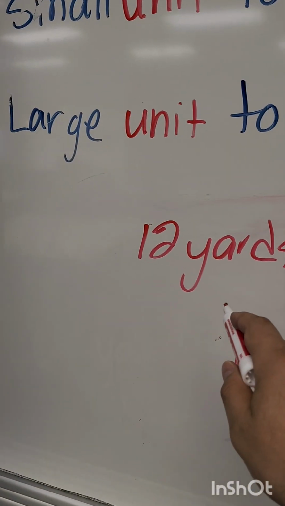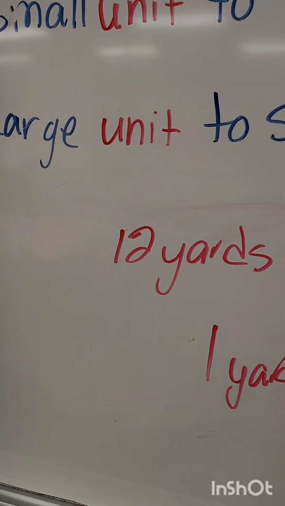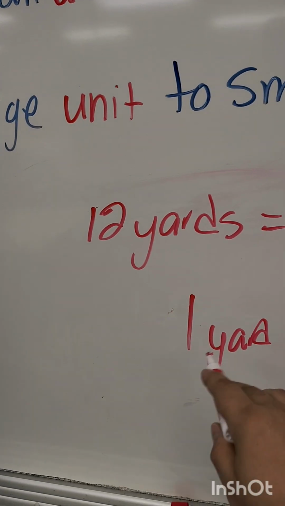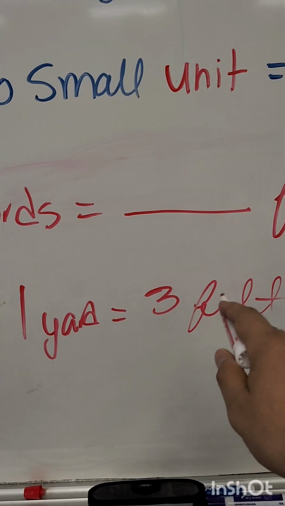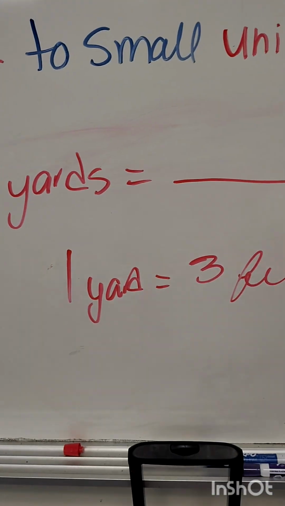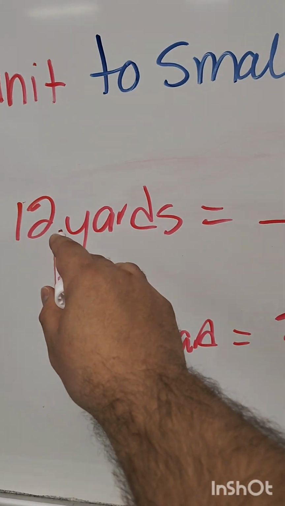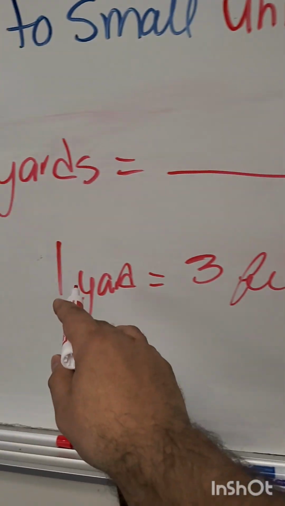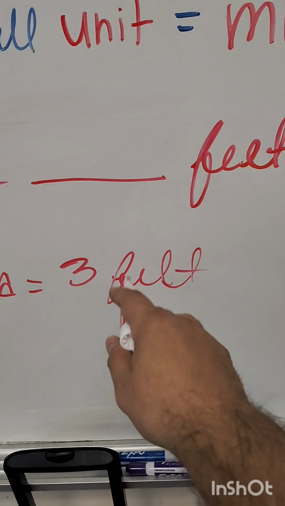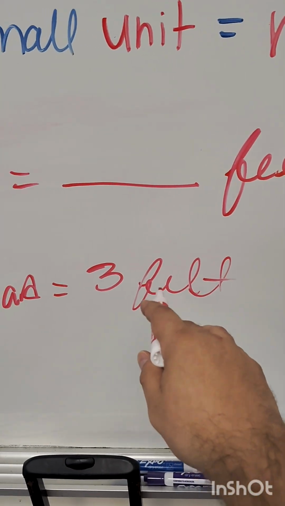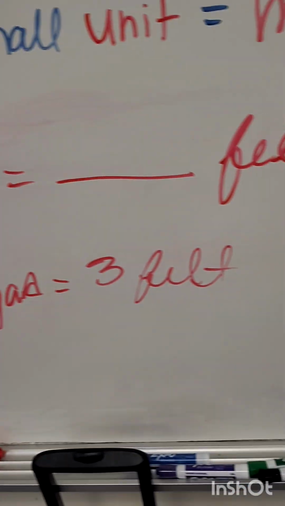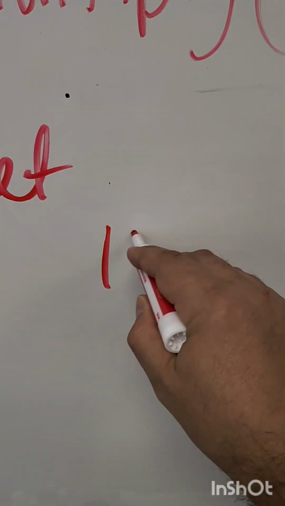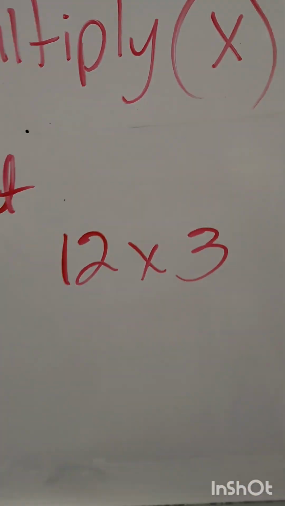How many feet would 12 yards be? So I have to multiply 12 times 3 to figure out what the feet is. I just converted every yard into feet, which is 3, and I have to multiply how many yards that is. So I multiply 12 times 3.